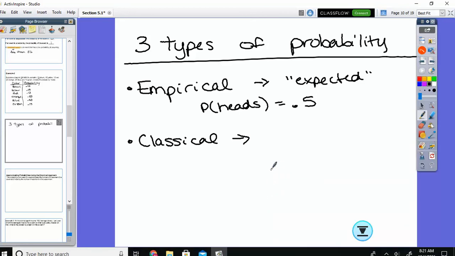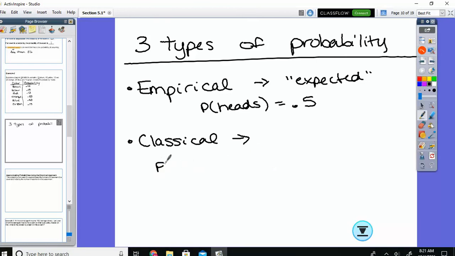Classical. Okay, so classical is more like what does happen. So when we flip our coin, let's just do 10 times, and we got 3 heads. And what was the probability of getting heads in my experiment? 1/3?